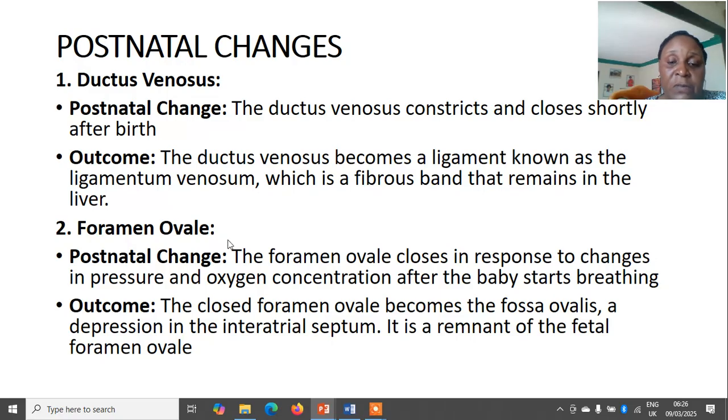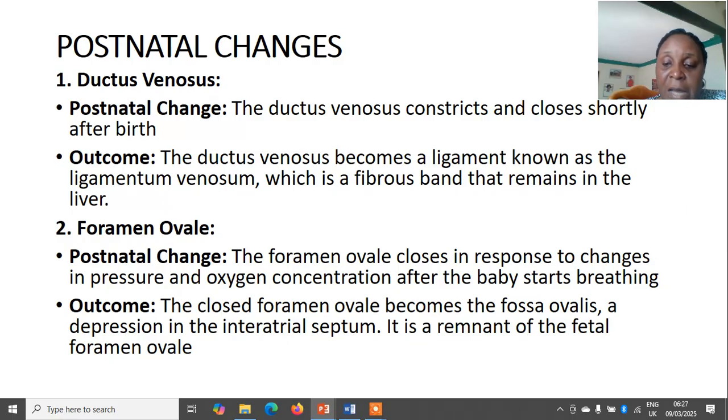Then the foramen ovale will also close in response to the changes in pressure and oxygen concentration when the baby starts to breathe. And from the foramen ovale comes the fossa ovalis, which is a depression in the interatrial septum.